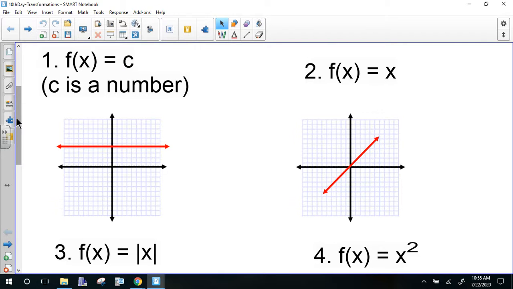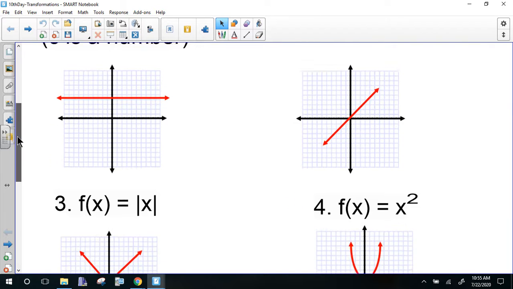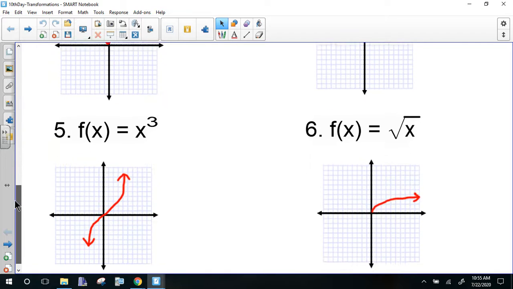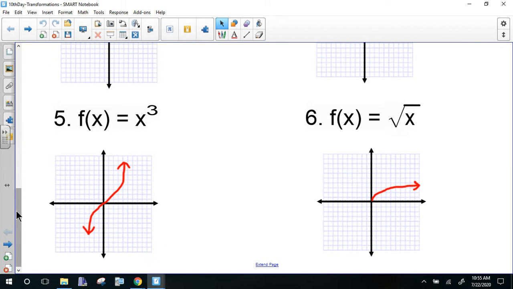Second function is linear. We also have the absolute value function. Number four is a quadratic. We have the cubic function in number five, and we have a radical or square root function in number six. Those are the main ones we're going to be looking at.